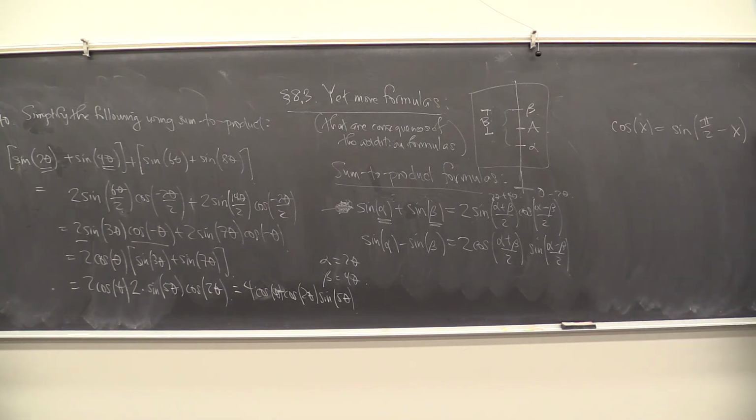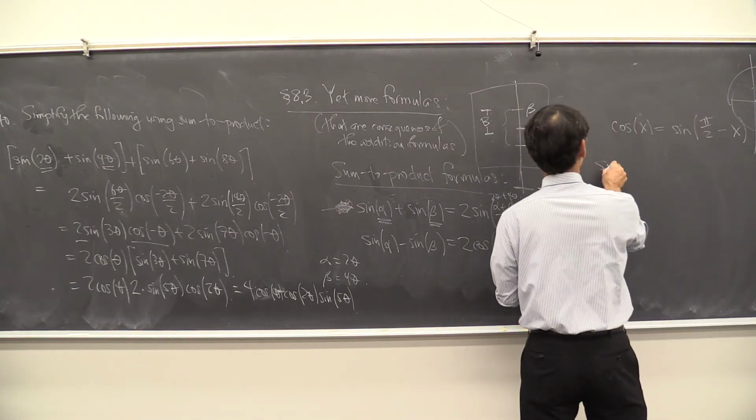This is one of our trigonometric identities: if you look at an angle and you look at pi over 2 minus the angle, the cosine of this angle is the sine of the other angle.